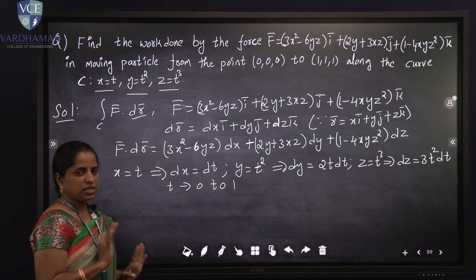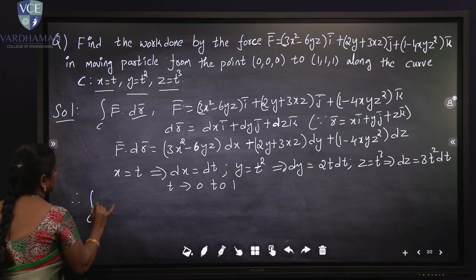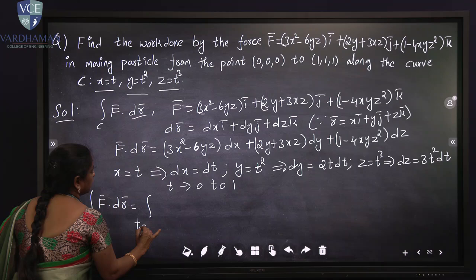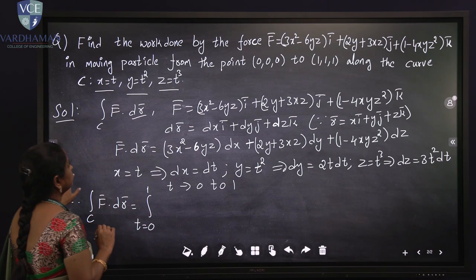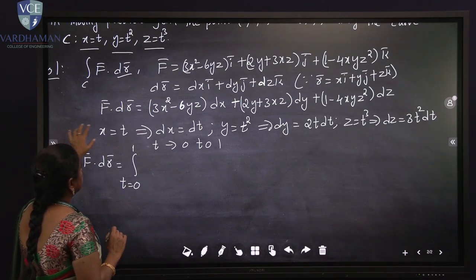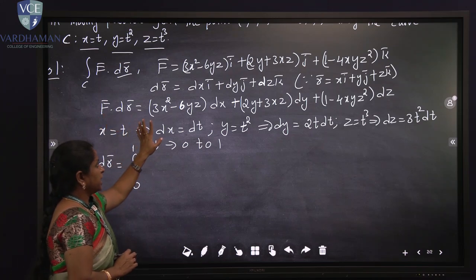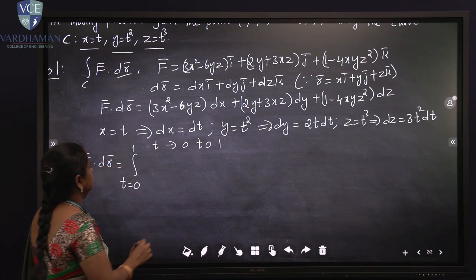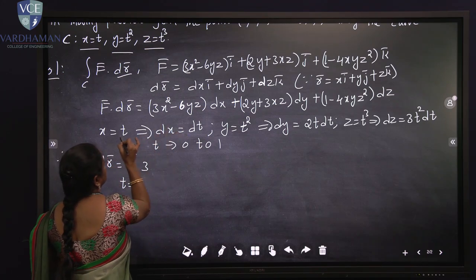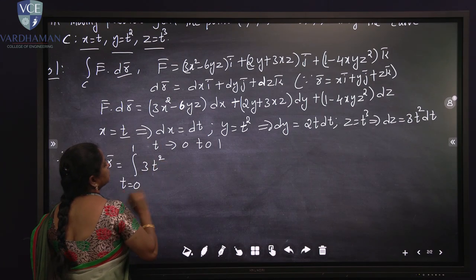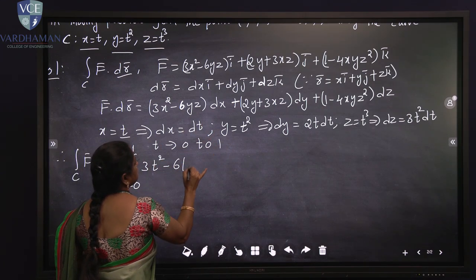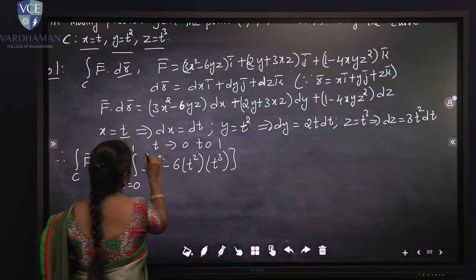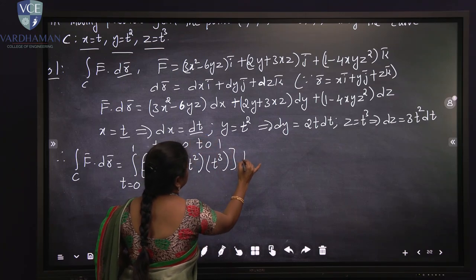Now we substitute all these values. So the work done by the force equal to integral t equal to 0 to 1 of F bar dot dr bar. Wherever x, y, z are there we convert them into t terms, and dx, dy also into t terms. Now 3x square, x is t, so 3t square minus 6y, y is t square, z is t cube, into dx, dx means dt.